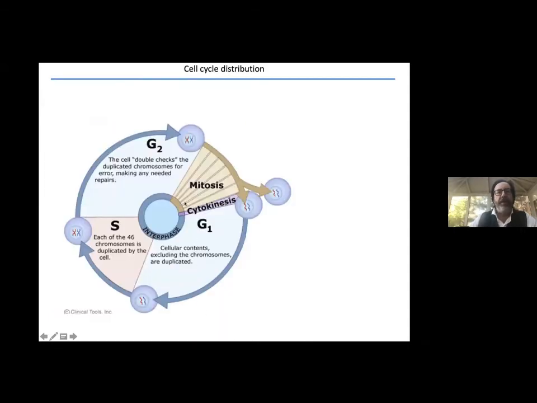In the cell cycle, you have the S phase where DNA is replicated, and the mitosis where the chromosomes are segregating into the daughter cells. In between, you have the G1 phase that prepares for S and mitosis.